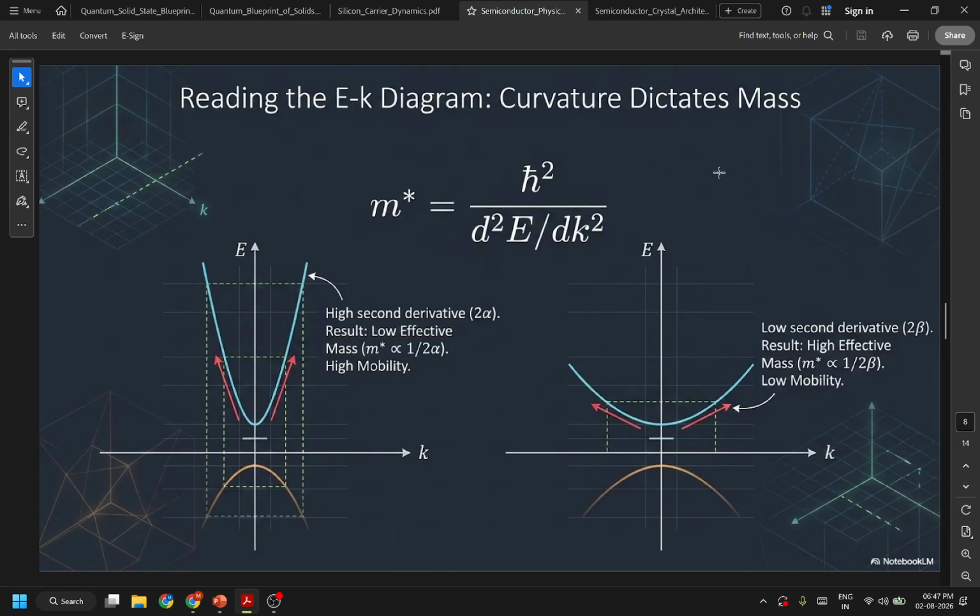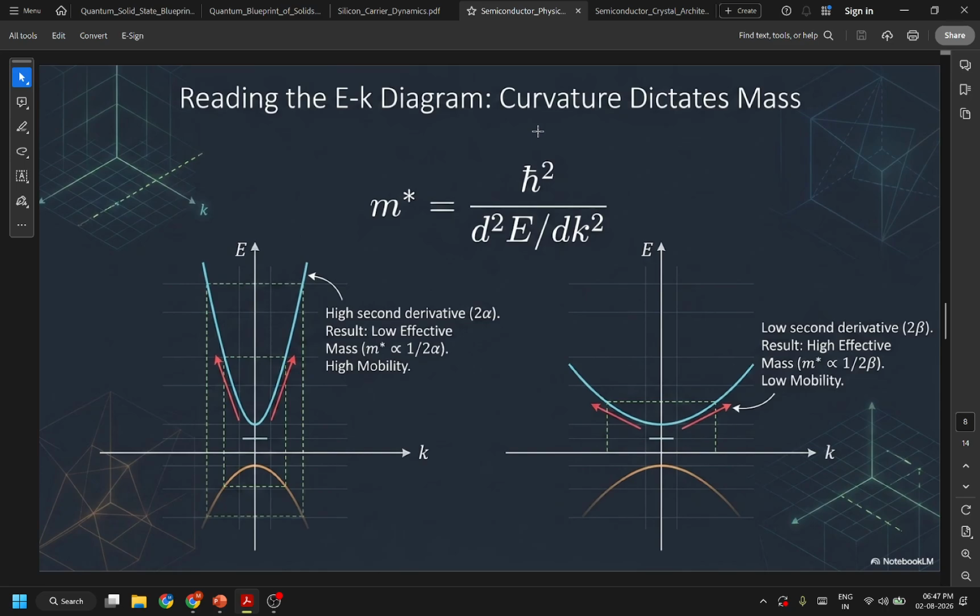And how is m star defined? So we just studied that in E-k diagrams, the electron is on these potential curves. So m star is given as h bar squared divided by d squared E by d k squared, the second derivative of energy.